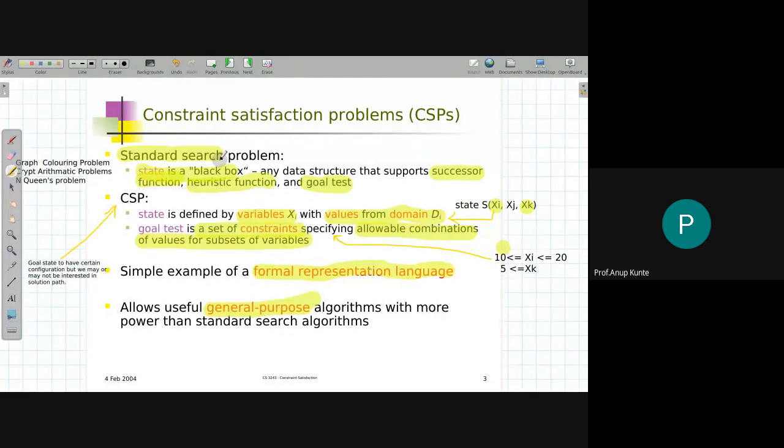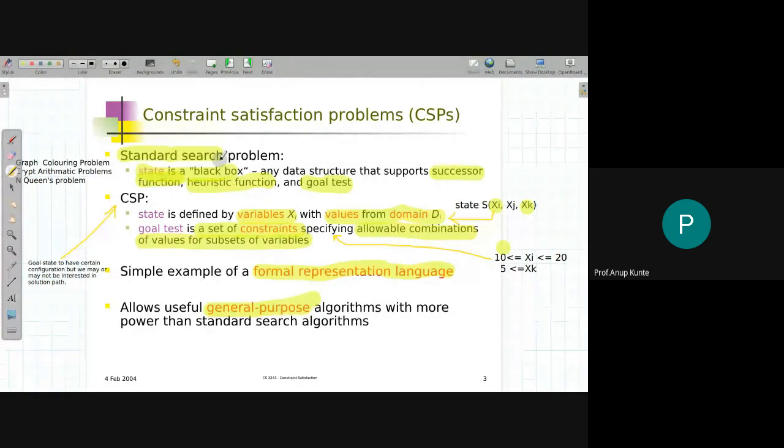Secondly, we also require a definition of a heuristic function integrated into the state, or if not a heuristic function, there must be some way to define the cost, as I told you already, the path cost. Next thing that we require is to do a goal test.